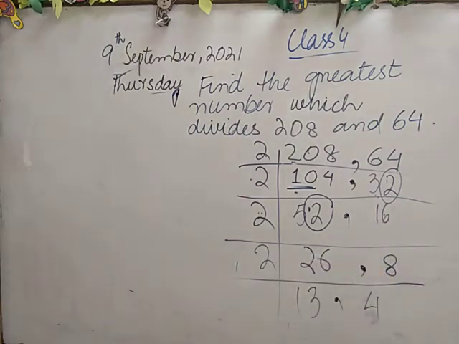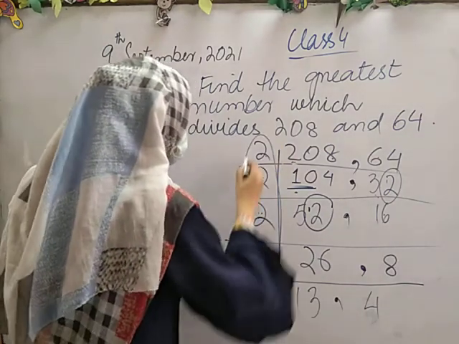If you look, there is 13 and 4 in the end, which means both numbers are different. Both cannot be divided by one table. So we will stop here and we will simply multiply the numbers which are common. So which are the common ones? These are.